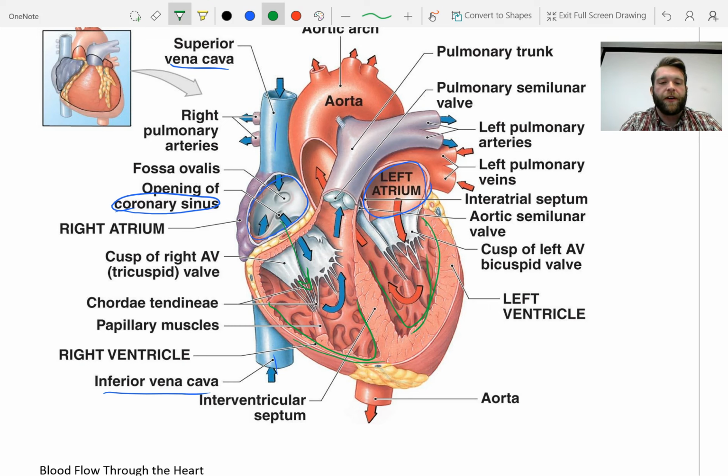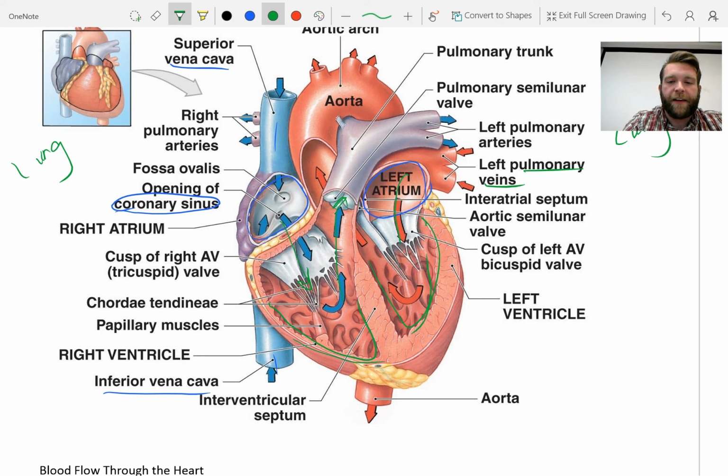Your right ventricle, the next place your blood flows to is the pulmonary trunk, to the pulmonary arteries, away from the heart to pick up oxygen in the lungs. There's a lung over here and there's a lung over here. Once the blood gets oxygenated from the lungs, it's going to enter back in through the pulmonary veins. So remember, veins go to the heart, arteries go away from the heart.